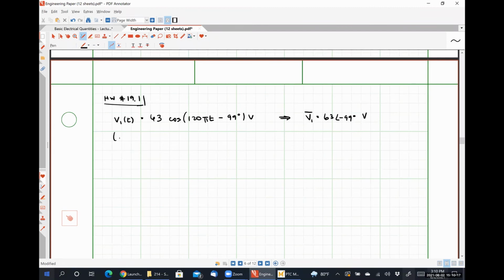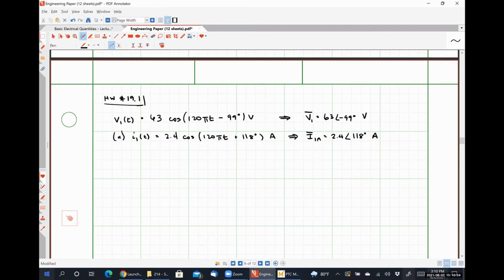For part A, on my screen, I have I1 of t equal to 2.4 cosine(120πt plus 118 degrees) amps. So I'm going to call this I1A, and it would be 2.4 angle positive 118 degrees amps.